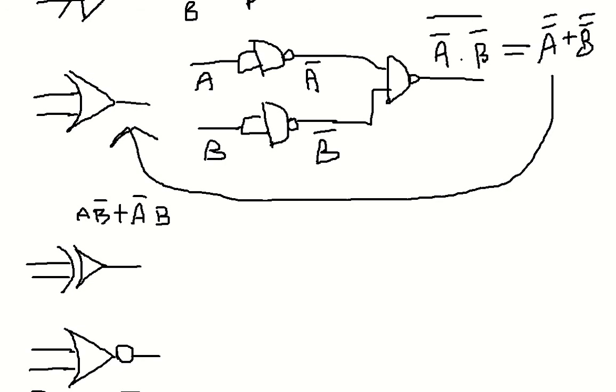Let's try to draw our NAND gate representation for XOR. So how can we do it? Let's take A, B first using NAND. Next we will try to understand the steps, and then we can design it in Multisim.